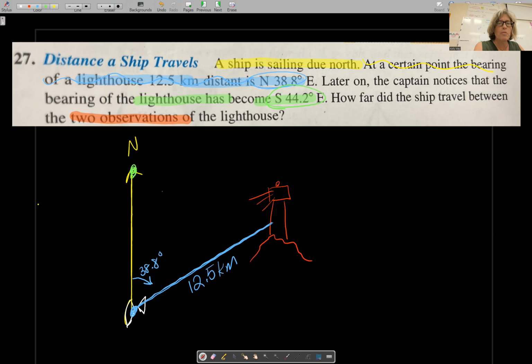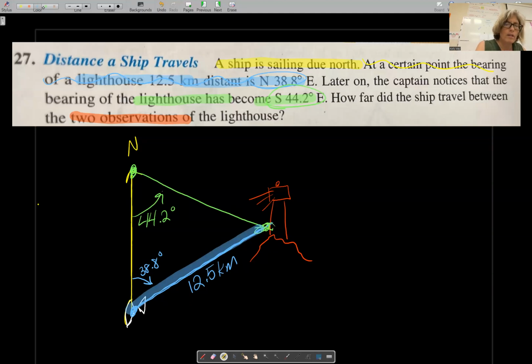So south from south, 44.2 degrees. We're going to close it up. So we have one side and two angles.